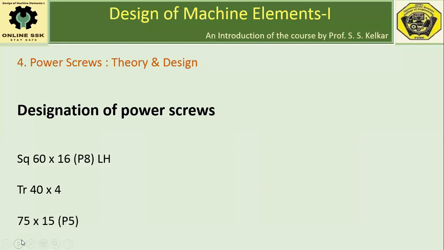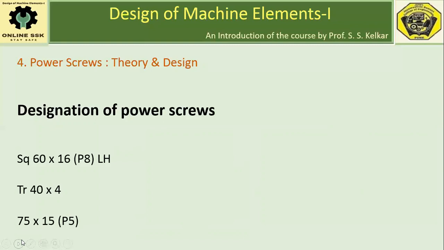Afterwards, you have to mention the lead. In the first case, lead is 16. In the second case, lead is 4. Then you have to mention the pitch. So in the first case, lead is 16 and pitch is 8. So here one can identify that it is a double start screw. Double start screw, number of starts is equal to 2, pitch is equal to 8, so the lead is equal to 16.